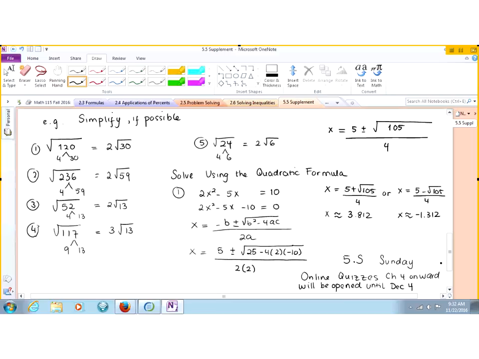Okay, so any questions? You guys seem to have questions. Did you get a syntax error? Let me see. If you calculate this, you have to put parentheses on top. Here, let me show you. 5 plus square root of 105 equals divided by 4. So you're going to have to put parentheses here. So it's going to be parentheses 5 plus, did you see it?